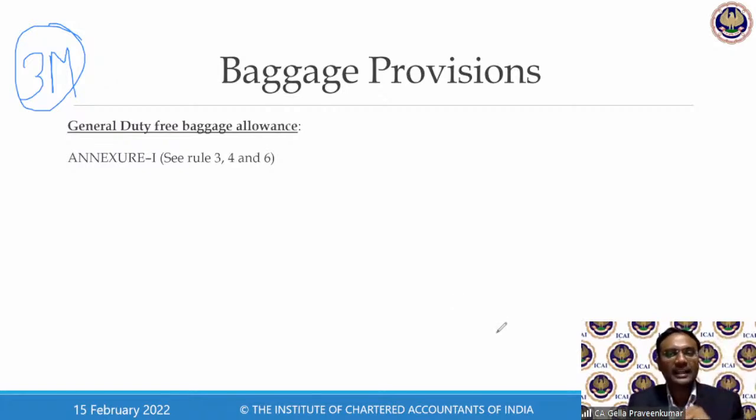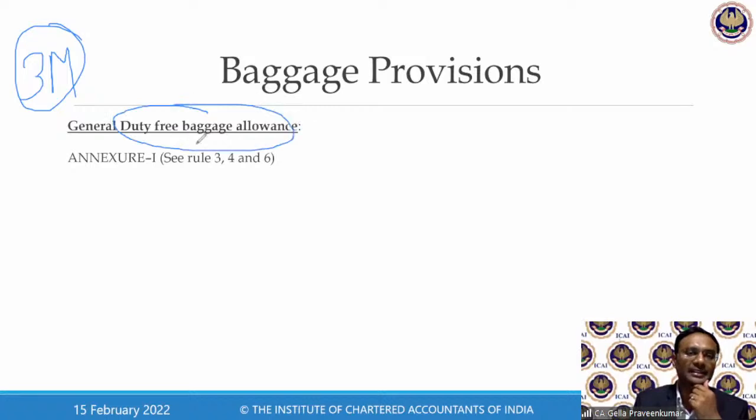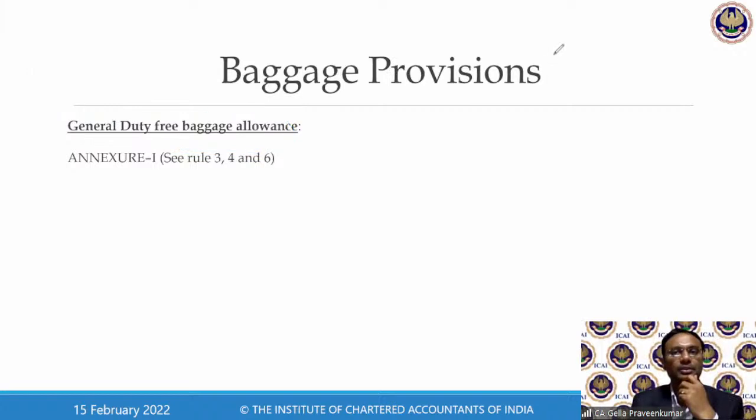This particular slide number 8, slide number 9, slide number 10, 3 slides put together, 3 marks is the weightage for how they're going to test it in your examination. As per Annexure 1, read with Rules 3, 4, 6, there are general duty-free baggage allowances. What are those?